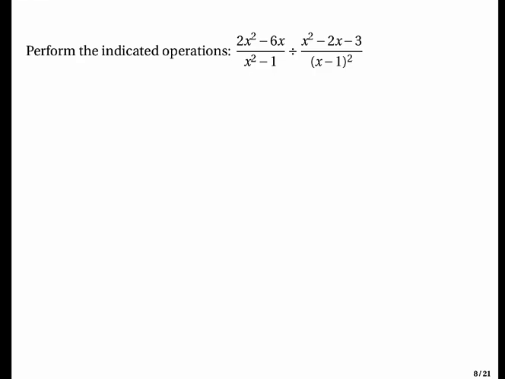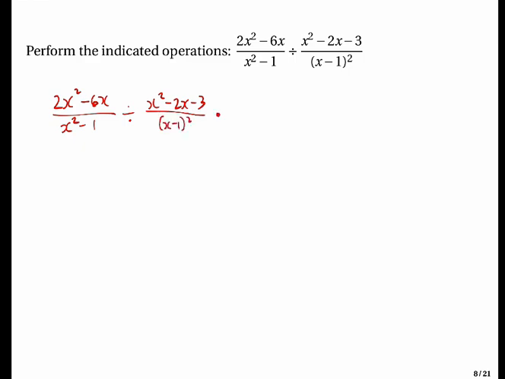Okay? So let me rewrite the original expression: 2x squared minus 6x divided by x squared minus 1, everything divided by x squared minus 2x minus 3 over x minus 1 quantity squared.